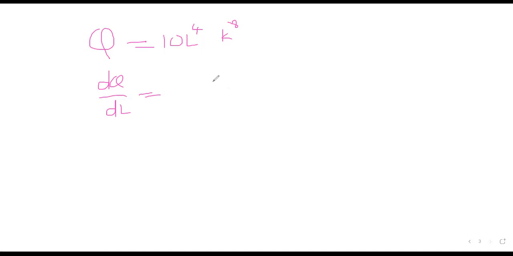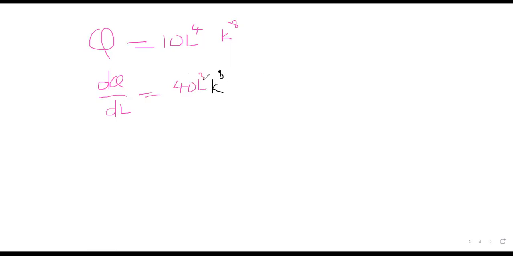Our dummy is k^8, right? We leave it as it is. So what are we differentiating? L to the power 4. 10L^4. So what is the derivative of 10L^4? 40L to the power 3.